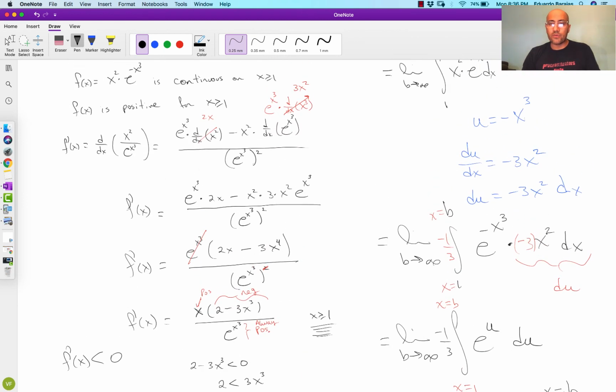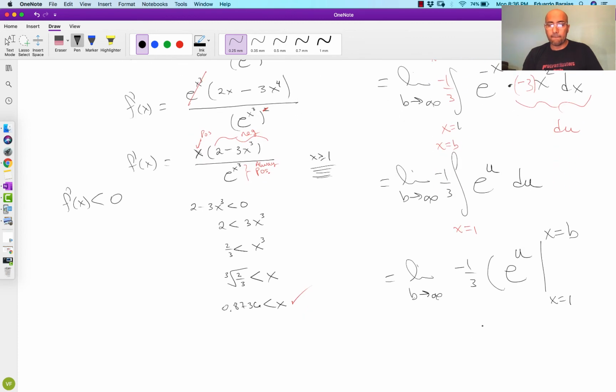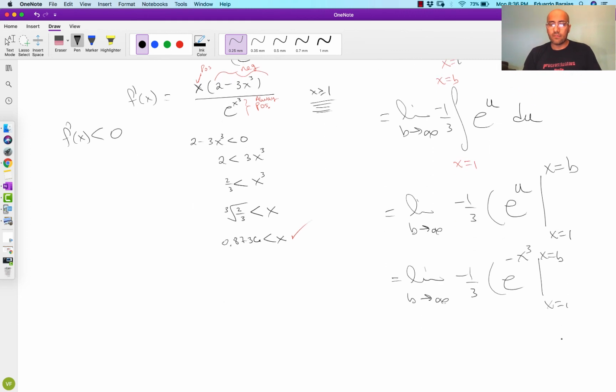My u was actually negative x cubed. So this becomes the limit as b goes to infinity of negative 1/3 e to the negative x to the power of 3, evaluated as x goes from 1 to b.